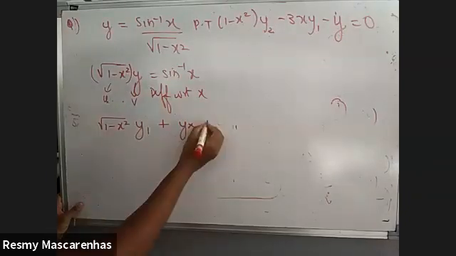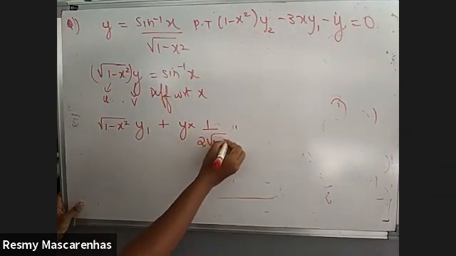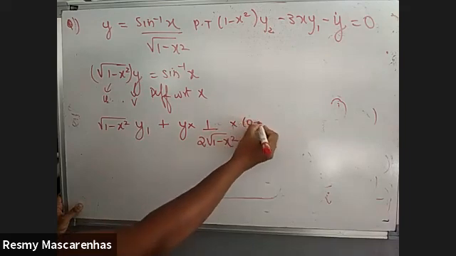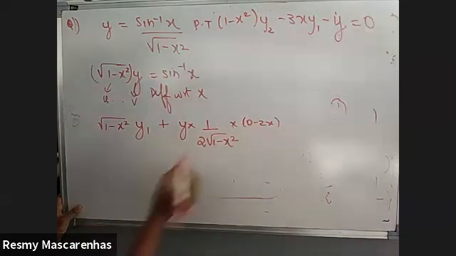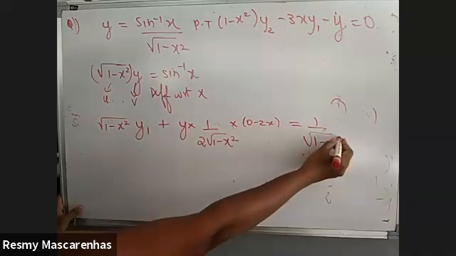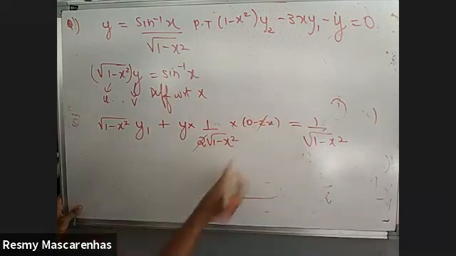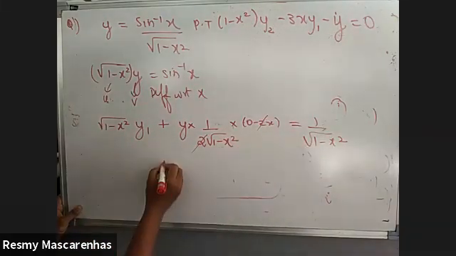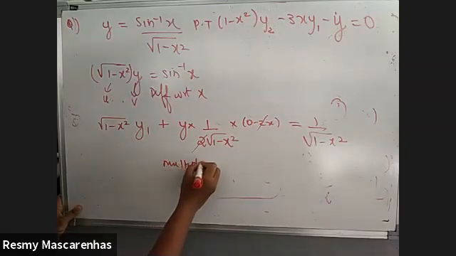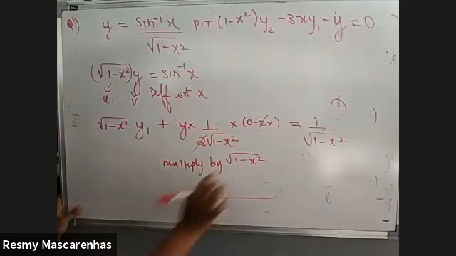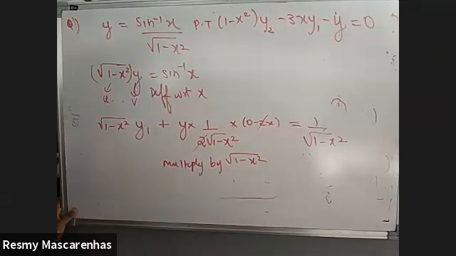So root of something will be 1 upon, okay, into extra derivative of this is equal to sine inverse of x will be 1 minus x square. 2 and 2 will cancel. Now just to get rid of this from the denominator, multiply throughout by root of 1 minus x square, all the terms.